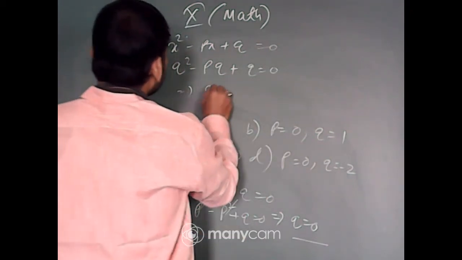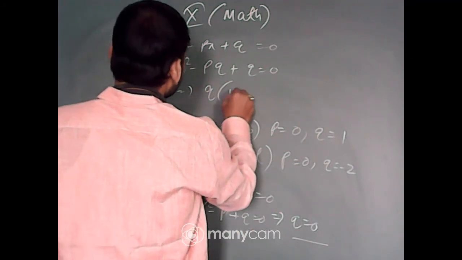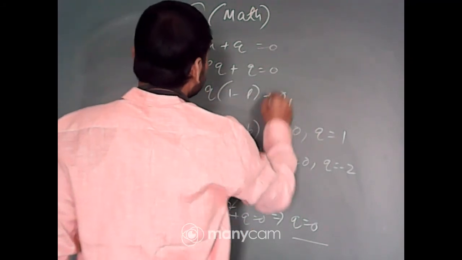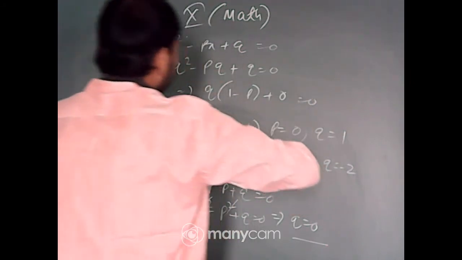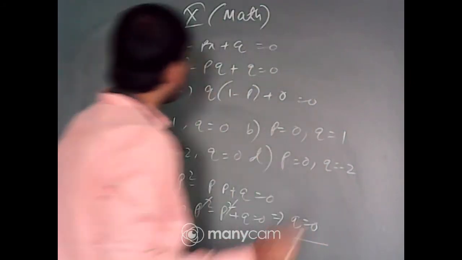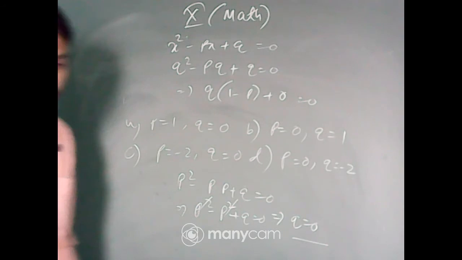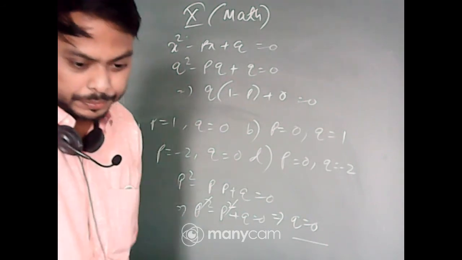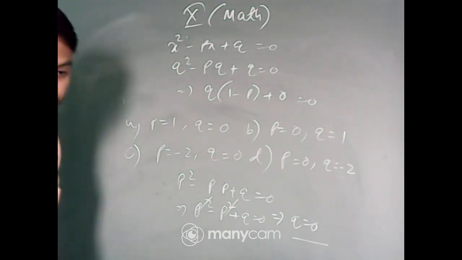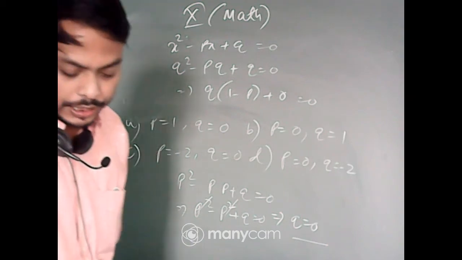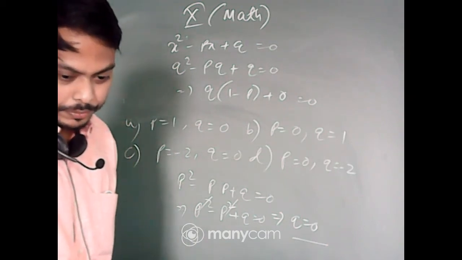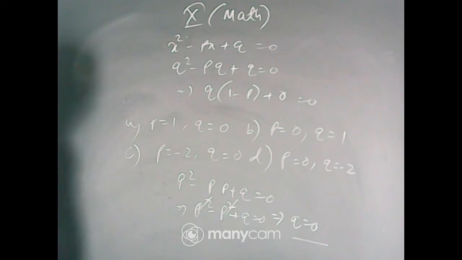That means whenever you take q common, 1 minus p, and q is 0 here, so 1 minus p, so p equals to 1. So which one will be the correct answer? Option A or B? Just check it.